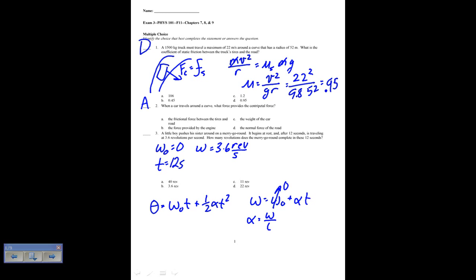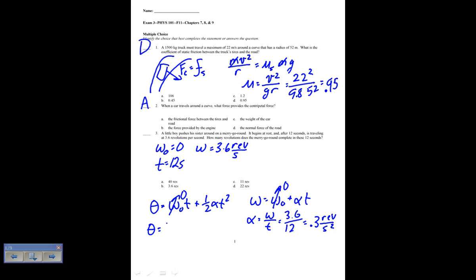So alpha is equal to omega over t. That is 3.6 revolutions per second over 12 seconds. So my angular acceleration is 0.3 revolutions per second squared. And then I can come back over here and plug that in. So omega naught is 0.